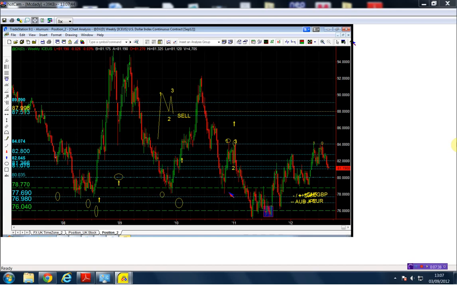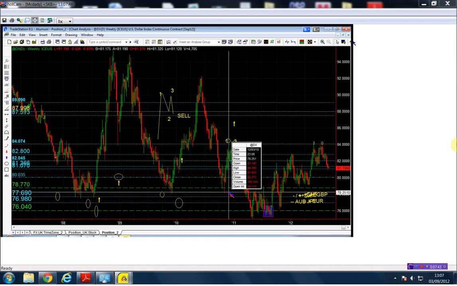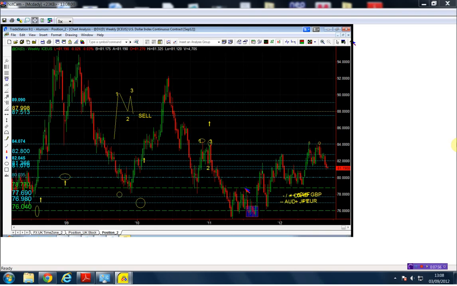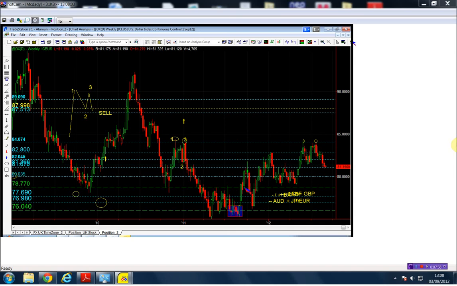Wow, time flies when you're having fun. This was in December, so pretty much a year we have been in this sideways pattern, testing 4 times the 84.07 level, and we have been failing to go above it.